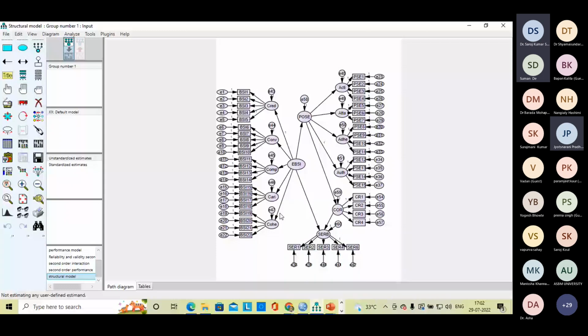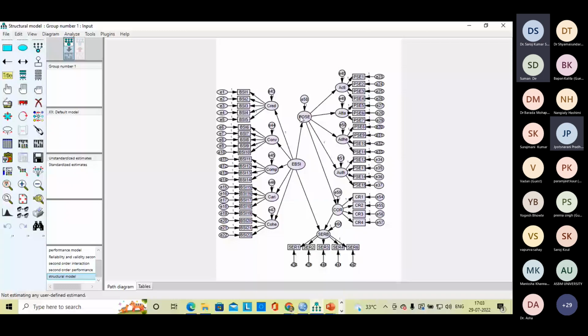The scholar has tested another measurement model, that is performance. The performance has 4 latent variables: action, attention, adherence, and authentication. These 4 latent variables have been measured and connected to another latent variable, which is called second order CFA.